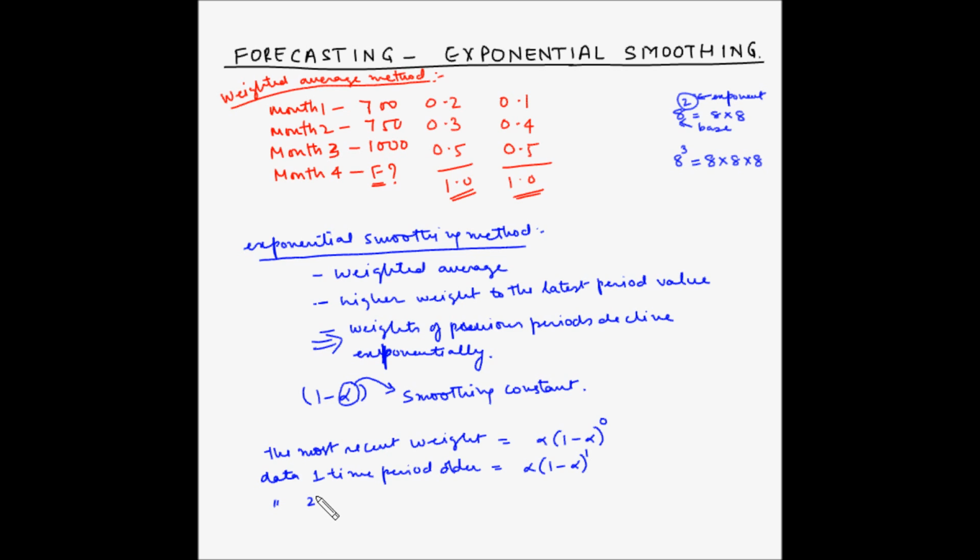Data for the second time period will have a weight of alpha, again multiplied by 1 minus alpha, so 1 minus alpha to the power 2. And data 3 time periods older will have the weight alpha times 1 minus alpha to the power 3. Now alpha has to be between 0 and 1.